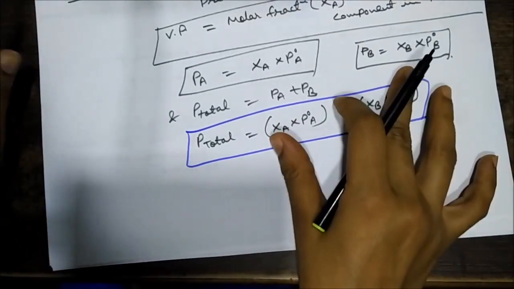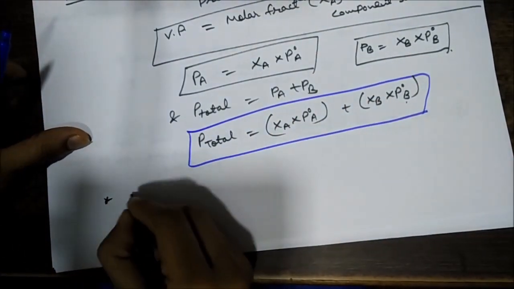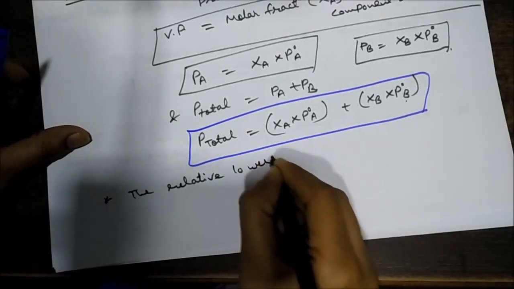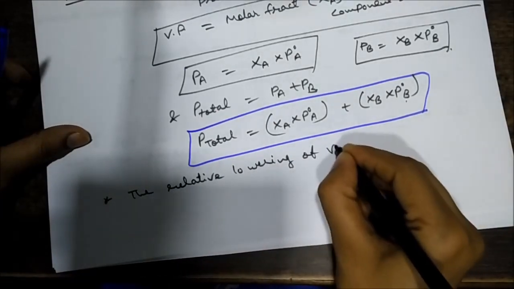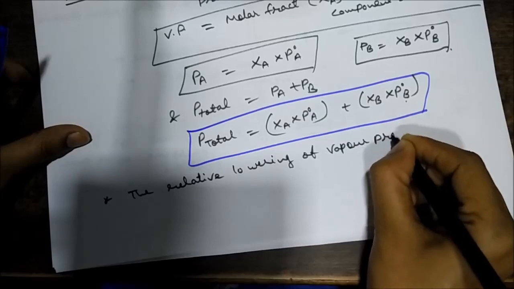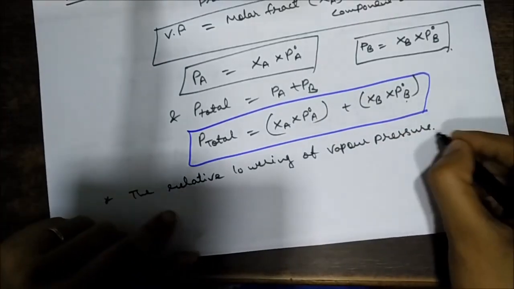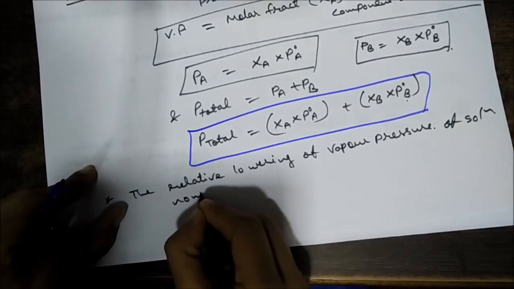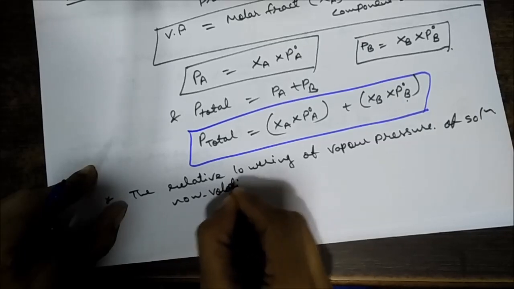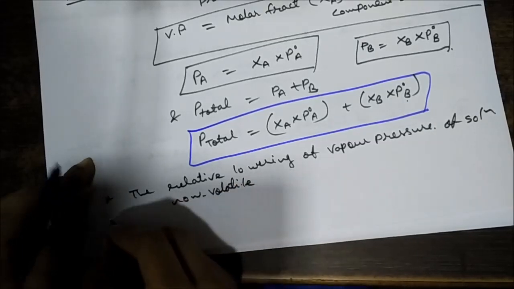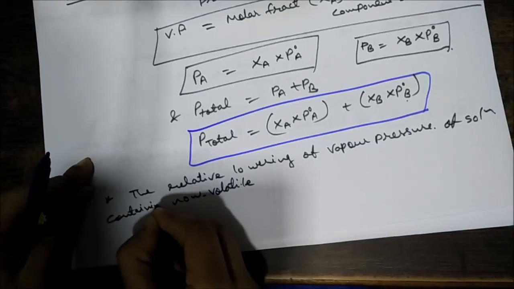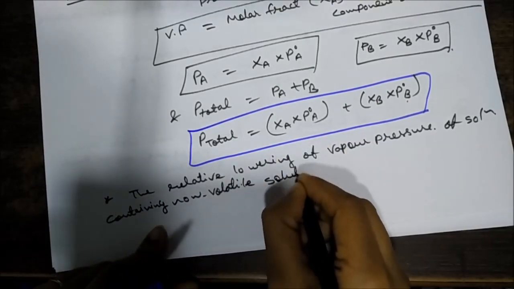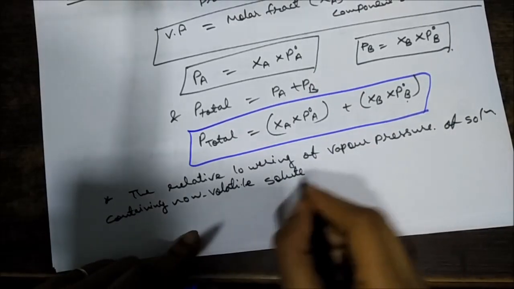So the relative lowering of vapor pressure of a solution containing a non-volatile solute will be equal to the mole fraction of the solute.